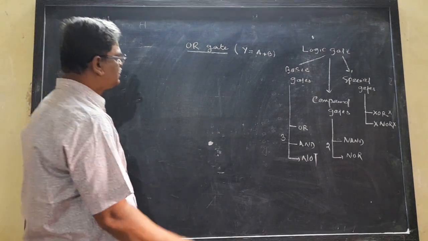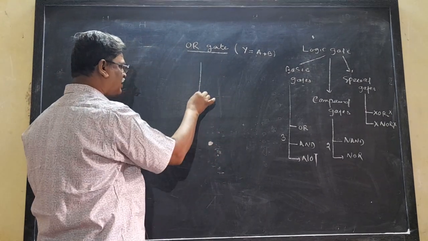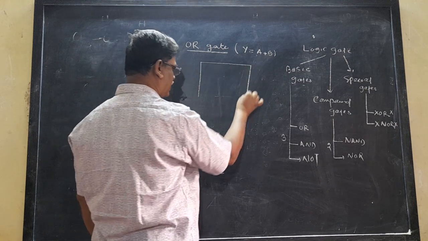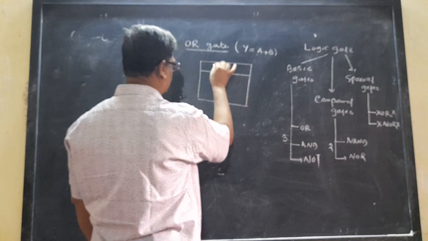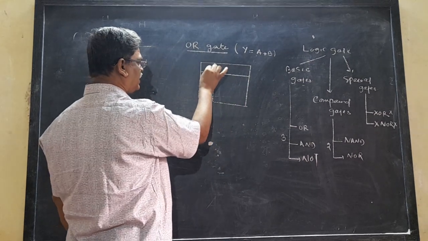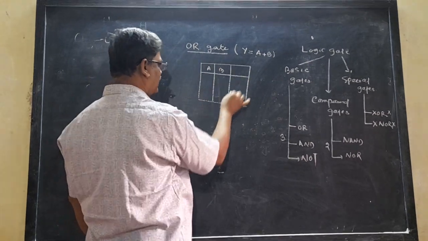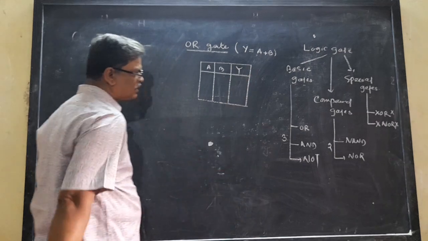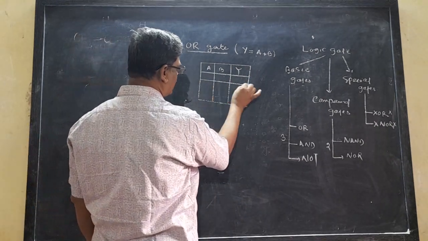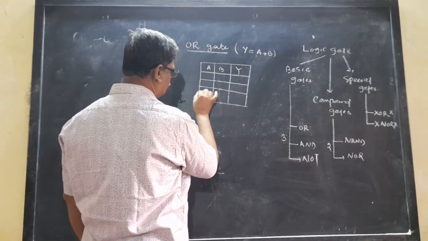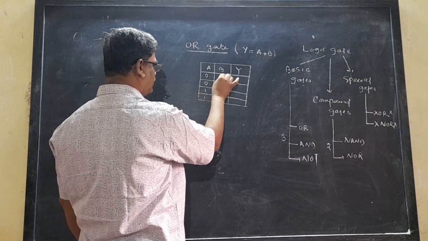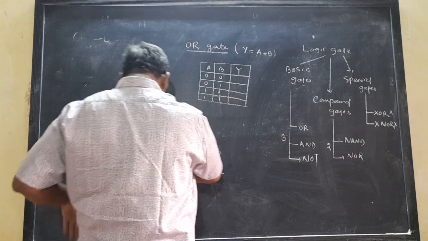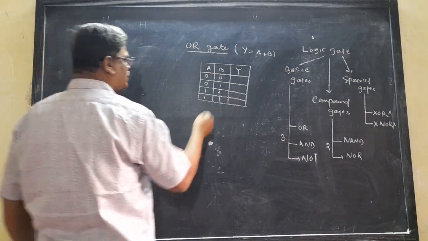And the truth table for a 2 input OR gate has input A, input B, and another column called output. The outputs are 0, 1, 1, 1.